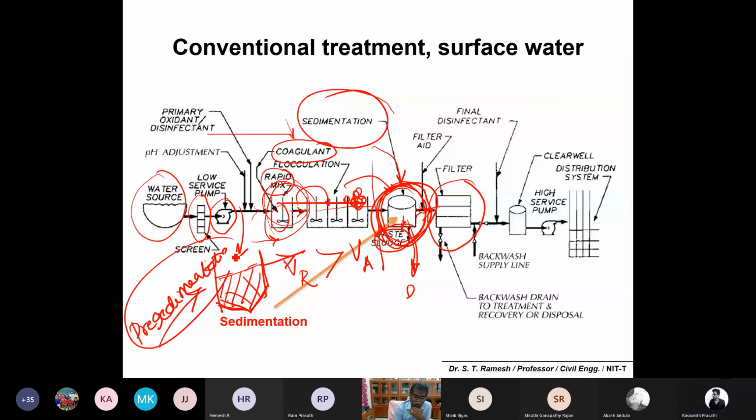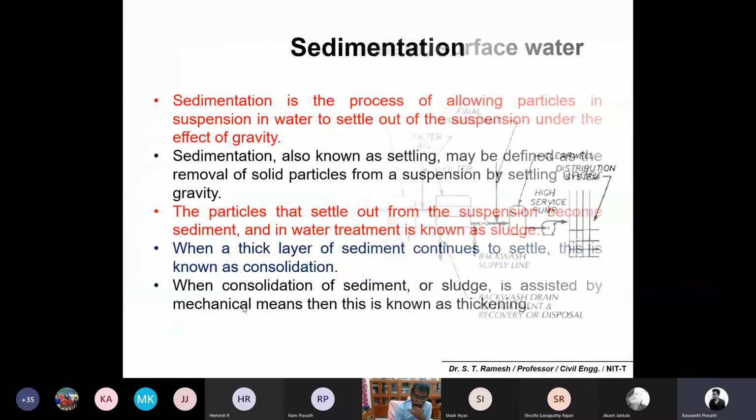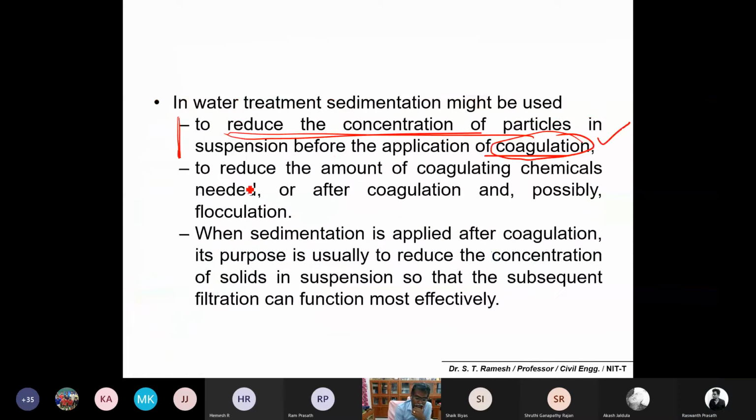And to reduce the amount of coagulating chemicals, or after coagulation and possibly flocculation, this is what we are discussing now. After flocculation, I may not call them solids directly. I may call them chemical floc, or simply floc, because these are already destabilized colloids.